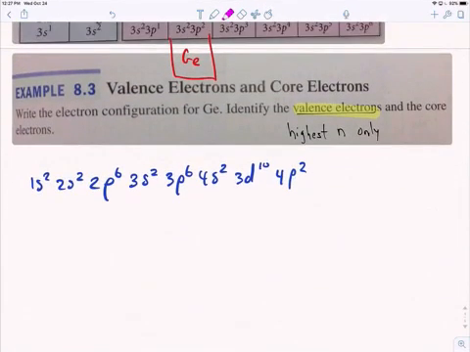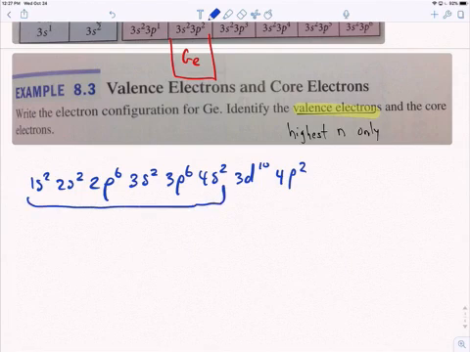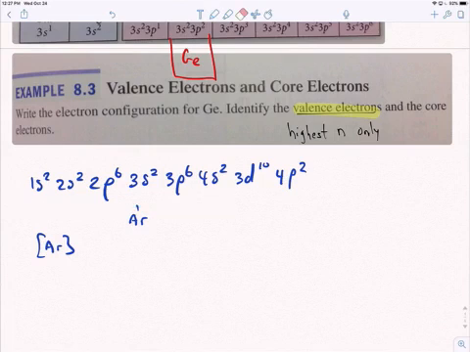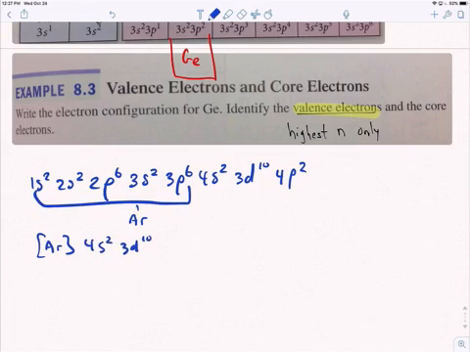You can also do a shortcut. You can notice that this is the configuration for argon, and you can write argon's configuration. Oh, and argon's not there, sorry. Argon is here. You can write argon 4s squared 3d10 4p2.